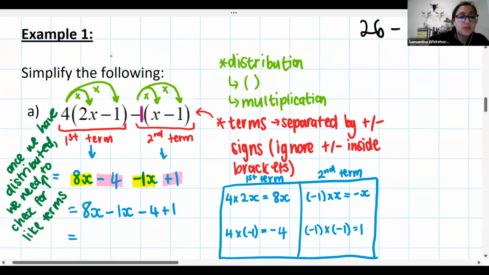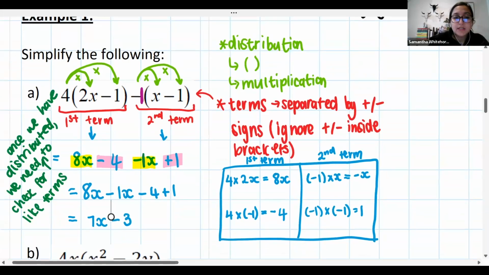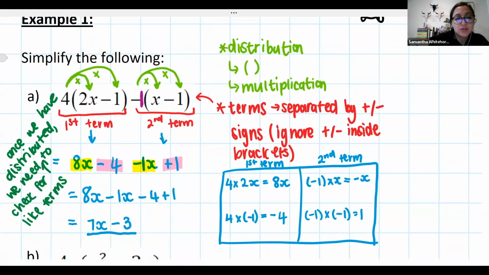And what you can now do is go and simplify. So 8x minus 1x is 7x, and minus 4 plus 1 is minus 3. We always double check to see if we do have like terms, but in this case, I don't have any like terms here, and so this is my final answer.